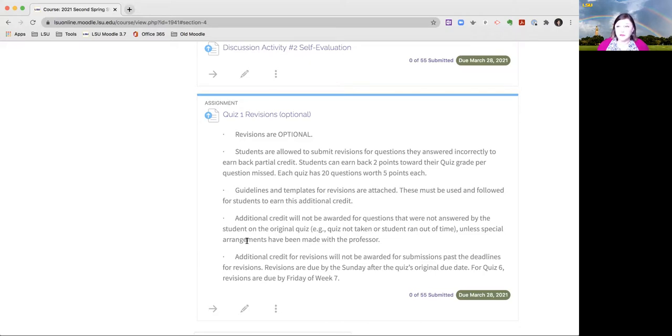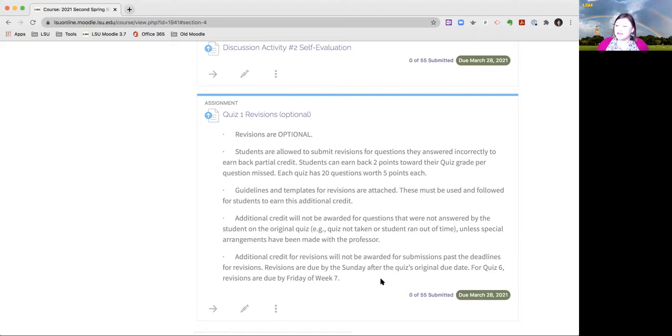Also, I know that things come up and there are extraordinary circumstances. If you think that you have one of those, always reach out to me. I am very willing to work with students. Then the last thing to note is when the deadline is. So, unless again there are extraordinary circumstances, you have to submit these revisions by their due date, which is the Sunday of that next week.